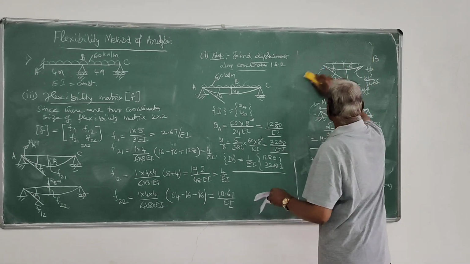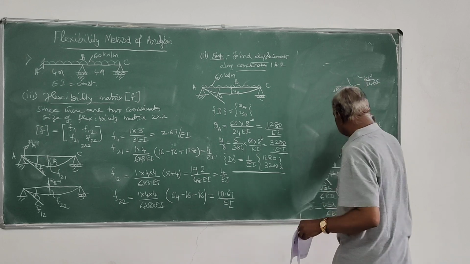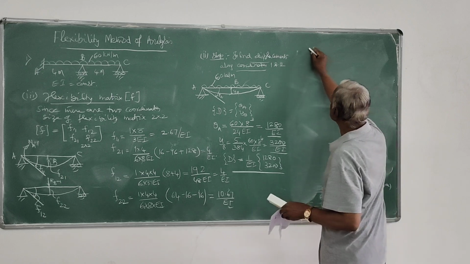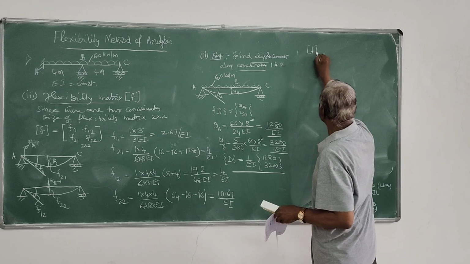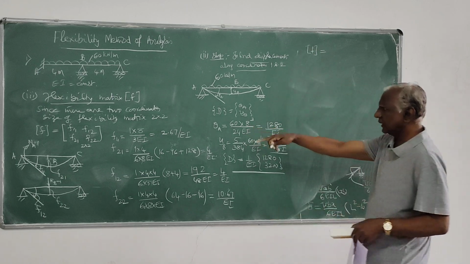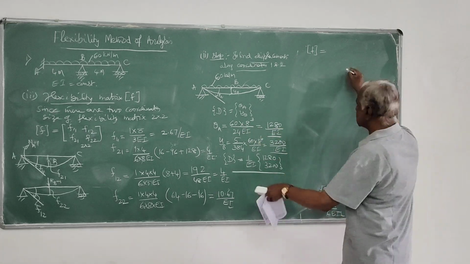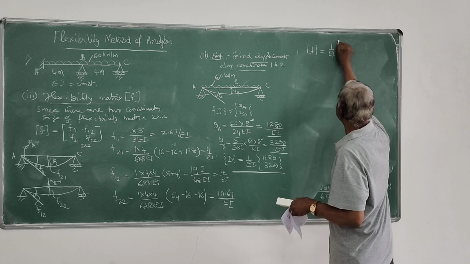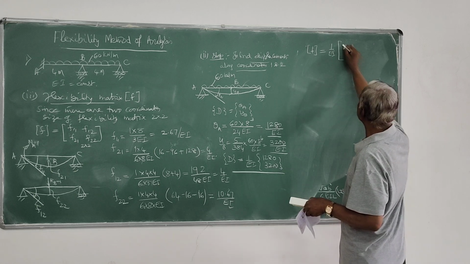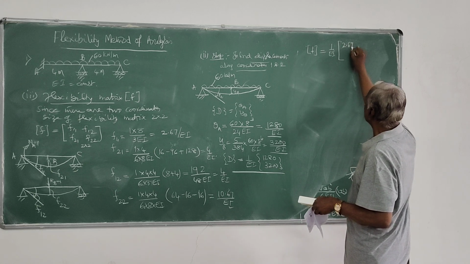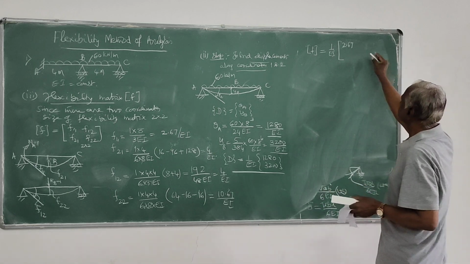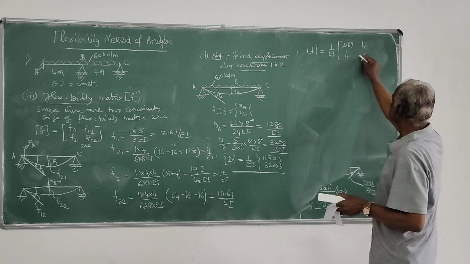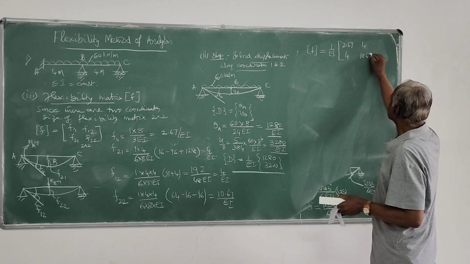So let us take the next step, or I will just show the flexibility matrix. Therefore, F is equal to, that is a 2 by 2 matrix. It looks like this, 1 over EI, I will take it outside. So 1 over EI, F11 is 2.67, then F12, F21 is 4, then this is 10.67.